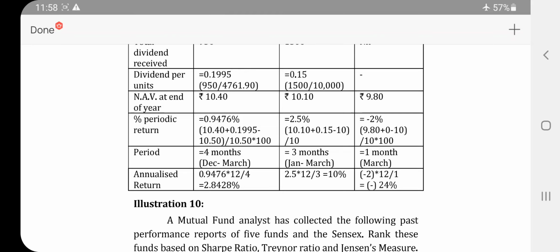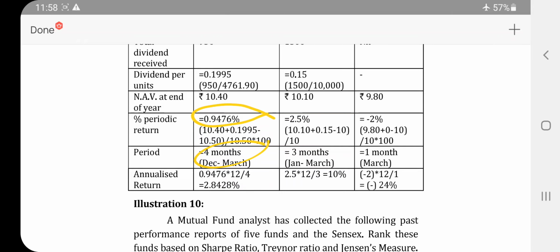Say for example, for mutual fund A, the percentage is 0.9476%, multiplied by 12 divided by 4 months. If you calculate it, you will get 2.8428% as the annualized return for mutual fund A.